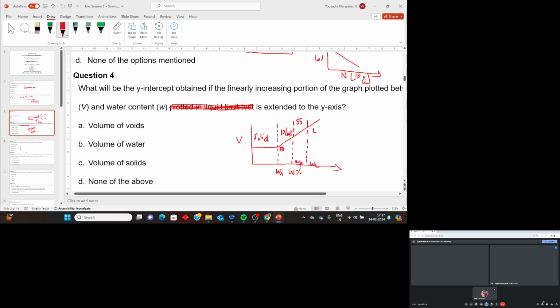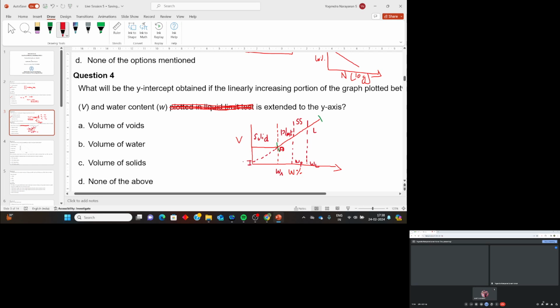So the question asked here is about the linearly varying portion, this part. Are you able to understand? Yes, sir. Now, if you extend this portion, that is what is being asked. What will be the y-intercept? Intercept means at a particular point. If we extend this, we will get a particular volume here.